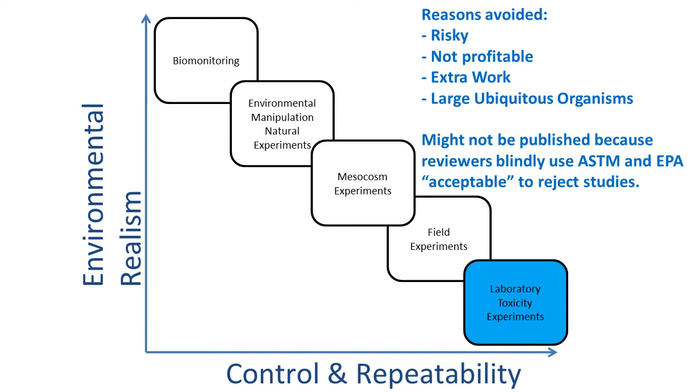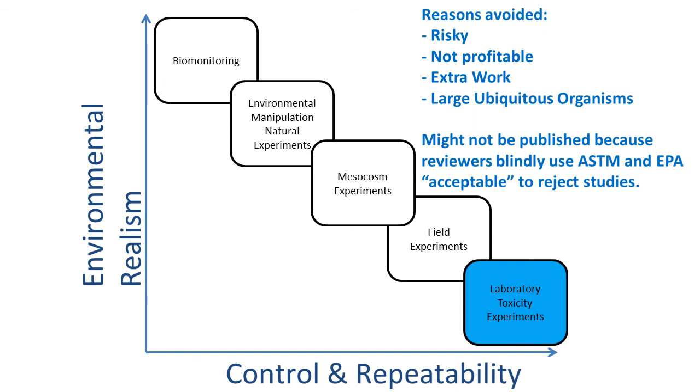I have no evidence, but I fear that peer review might also be blocking studies that use field-collected organisms at early life classes, because many of the ASTM and EPA guidelines for acceptable data are not compatible with useful experimental methods and test organisms from field-collected species at a small size class. I talked about a couple of those in this talk today.